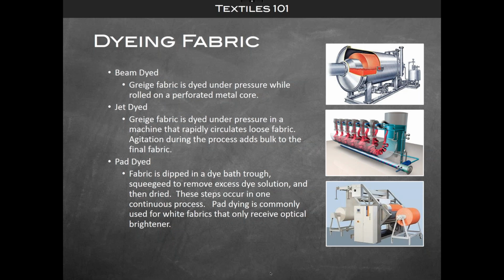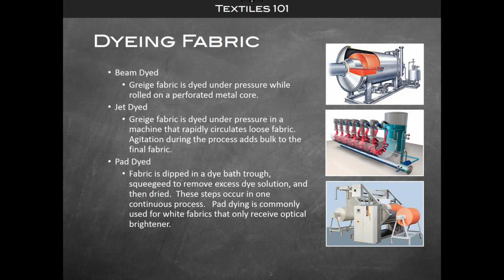Then this fabric on the perforated core goes into a machine where pressure is applied and the dye and all the chemistry for dyeing the fabric is filtered through the fabric and the perforated metal core under pressure to impart color. This is called beam dyeing.